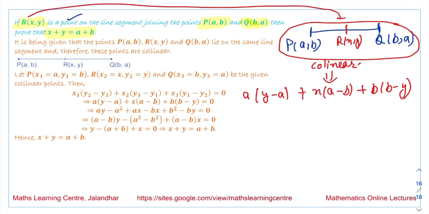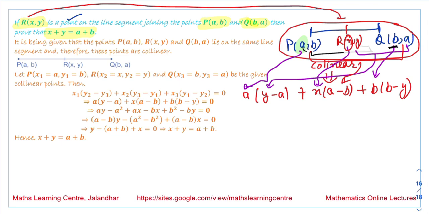We are talking about these 3 points over here: a, then x, and then b. When we are using this point a over here, we write y minus a. When we are using this point x over here, we write a minus b, and when we are using this point b over here, we write b minus y.